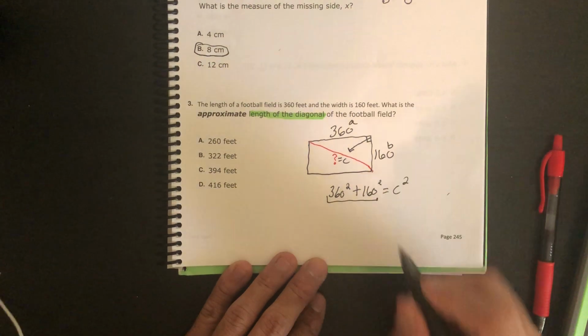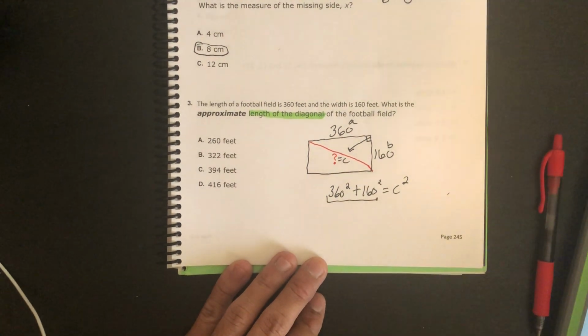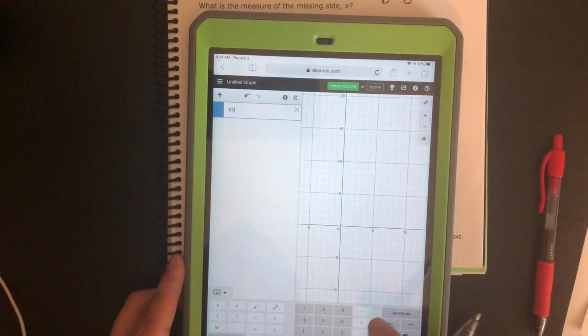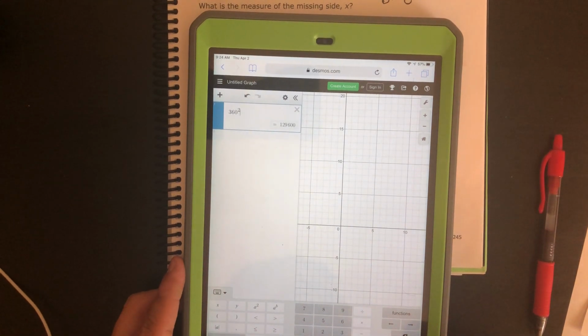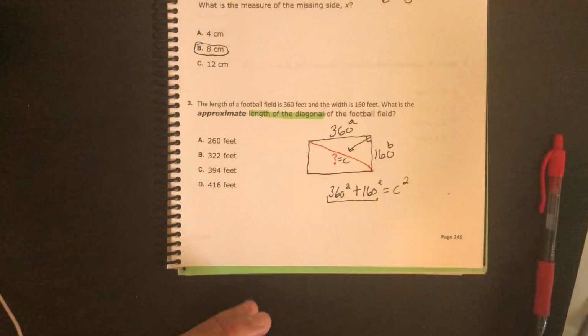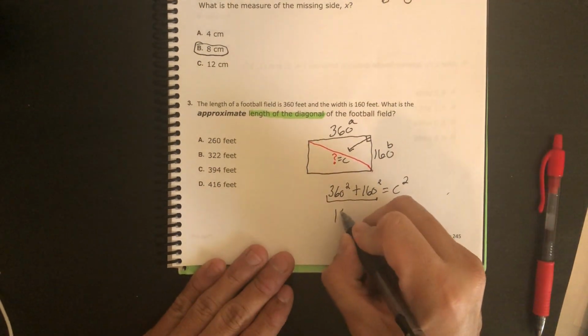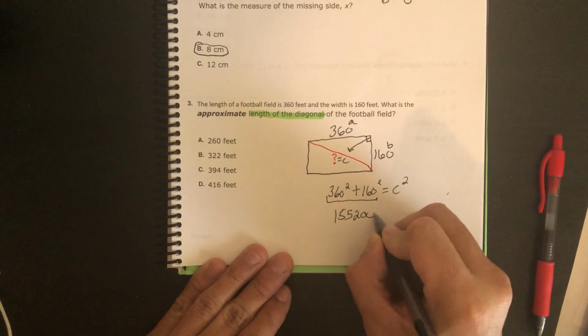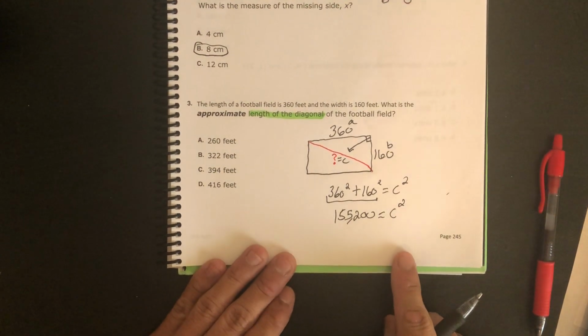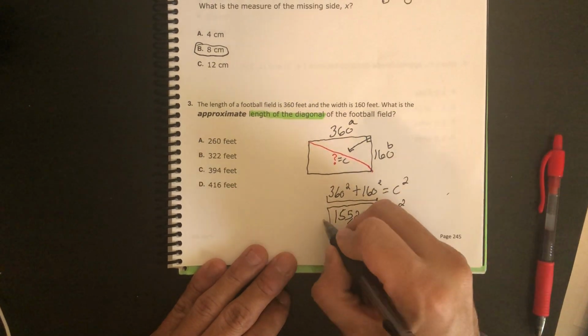Now using Desmos, let's type that number in. 360 squared plus 160 squared gives me 155,200 equals C squared.